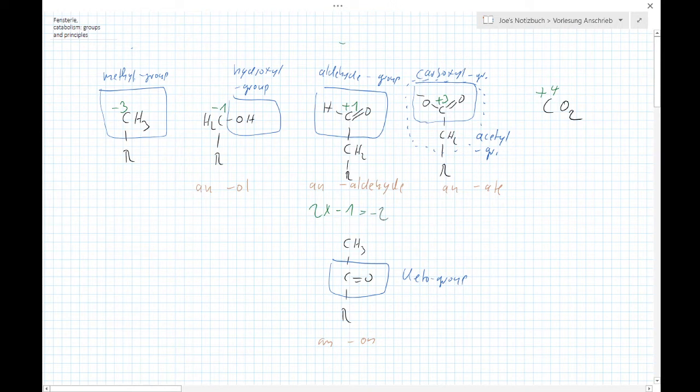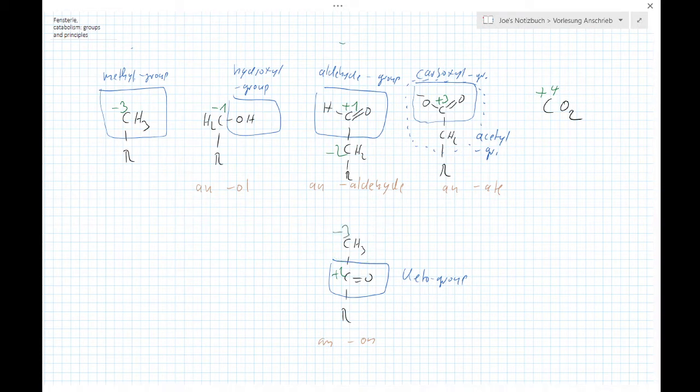And now let's see how this is for this keto group. There we have 2 times plus 1, because we have 2 bonds to oxygen, plus 2 times 0, the carbon bond, so it's plus 2. And this methyl group, of course, we can just copy. This also has -3.